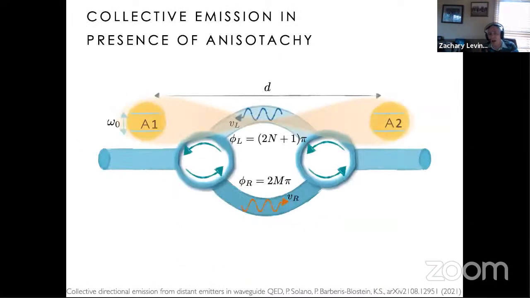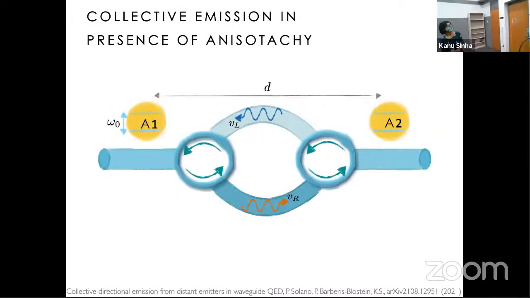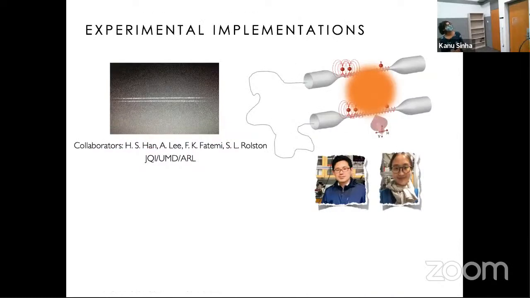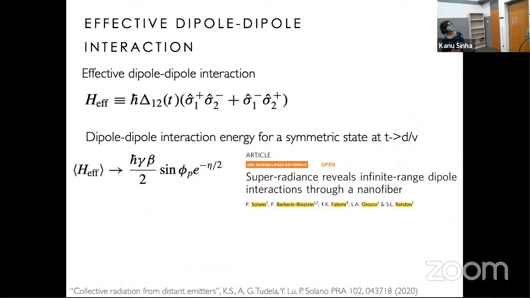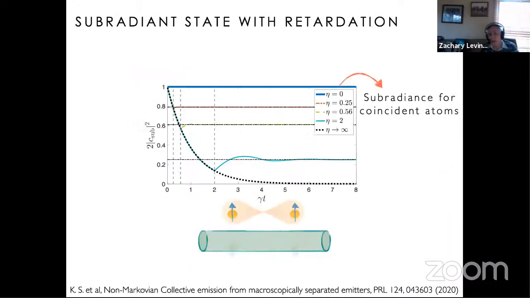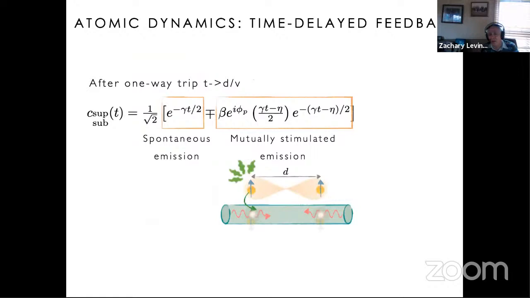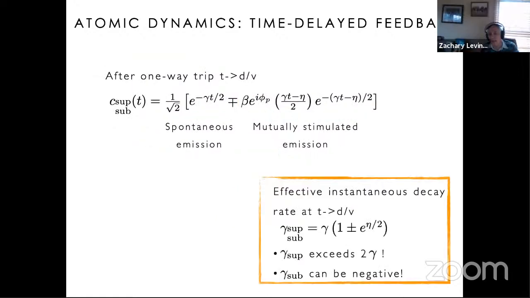Early on in the talk, you've got two atoms, and you're either going to have an enhanced or suppressed decay rate, for example. And so is that something where the atoms are there and you just find out after the fact, or is it something that you prepare, as I say, with a Bell state measurement or something like that?